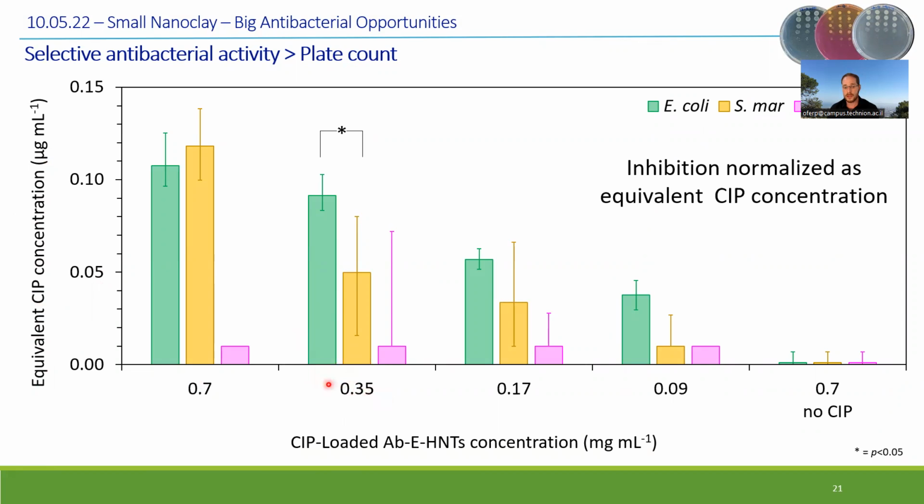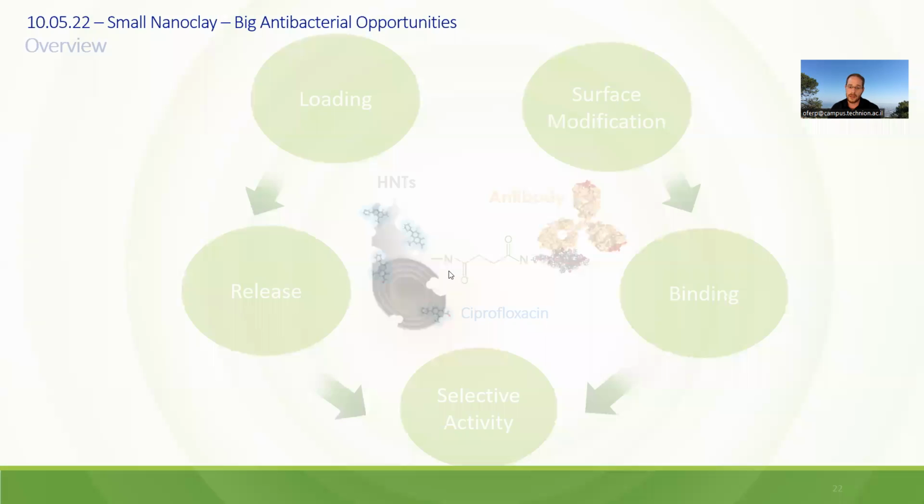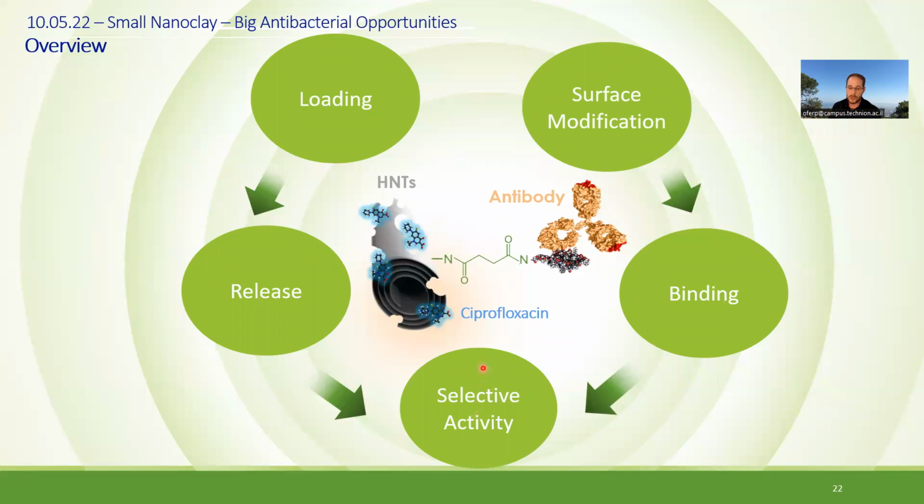In this plot, you could see that using the correct particle concentrations, we clearly see that the inhibitory effect exerted on the target bacteria, E. coli, is 2 times higher than the non-target bacteria, Serratia marcescens, and 10 times higher than Pseudomonas fluorescens. Although all the bacteria actually experienced the particles together because they were all in the same co-culture. This leading us to the conclusion that indeed a selective activity was realized by modifying the HNTs with antibodies and loading them with antibiotics.